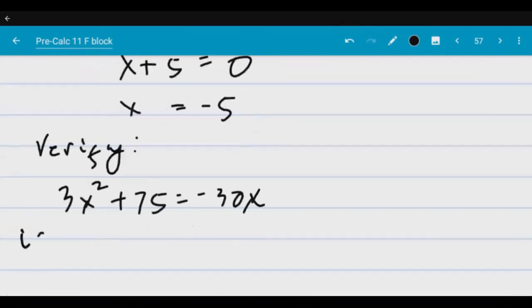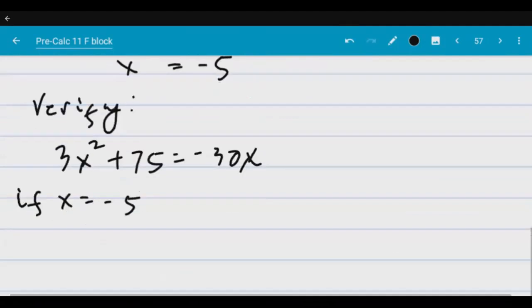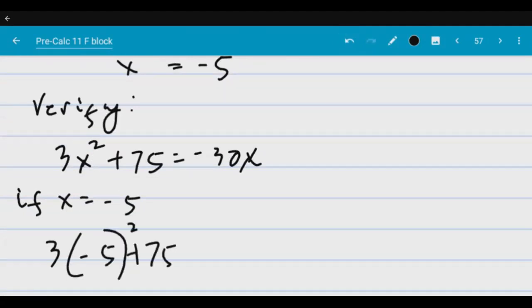If x equals negative 5, let's see what happens. 3 times negative 5 squared plus 75. Is that equal to negative 30 times negative 5?